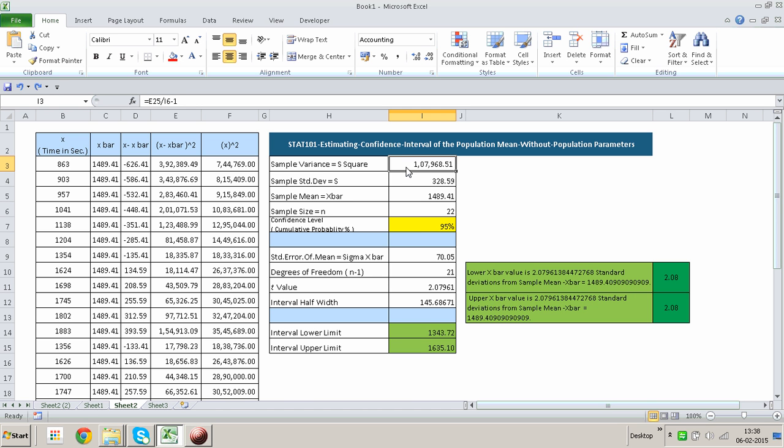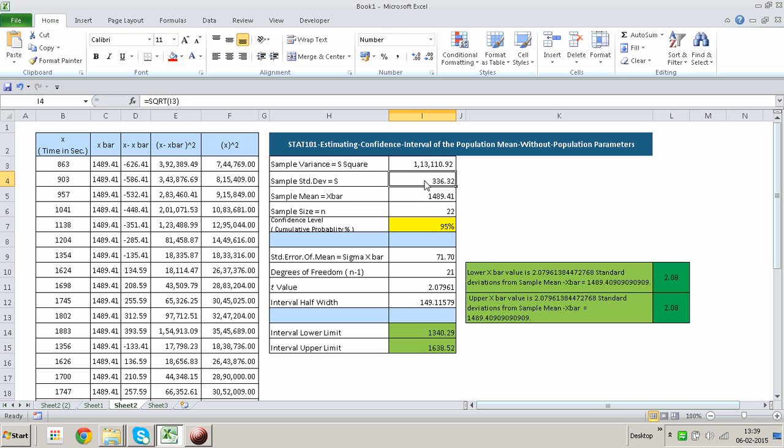I don't know what I had done earlier. I had gone ahead and done 22 minus 1, but that is not coming out to be the same. Why? Yeah, sorry, the bracket was missing. Okay, so one and the same thing. Fine. So sample variance S square comes out to be this particular figure over here.